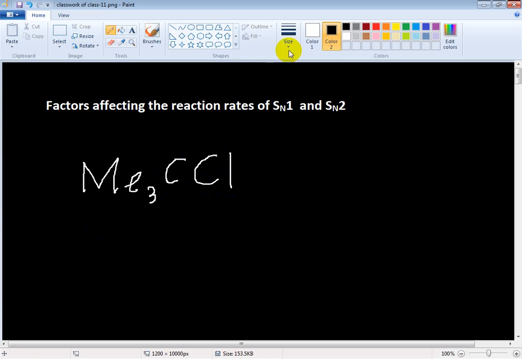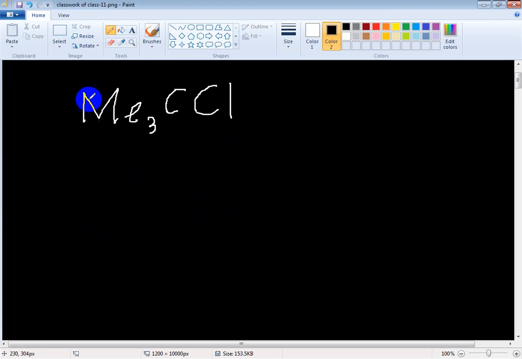This is an alkyl halide, with an alkyl group.